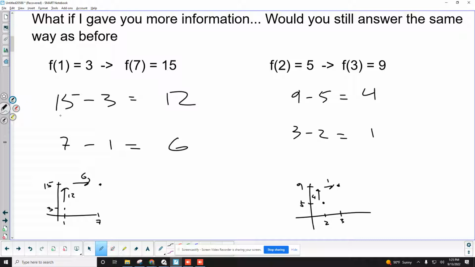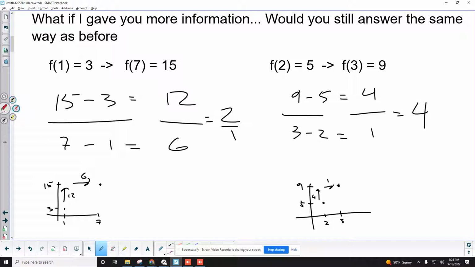Well, you guys are thinking slope. We divide. And when we divide, we change these numbers instead of amount of y's per amount of x, we change this into a rate, a unit rate. This is 2, or 2 over 1. This is 4, or 4 over 1.